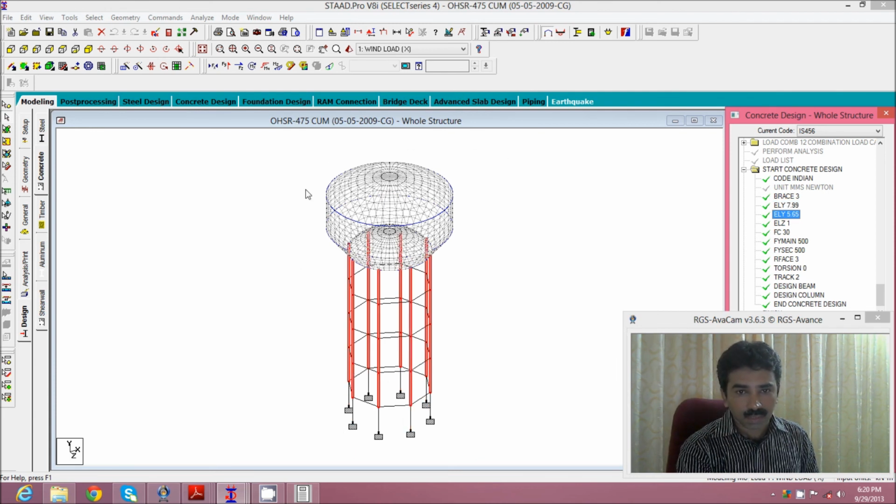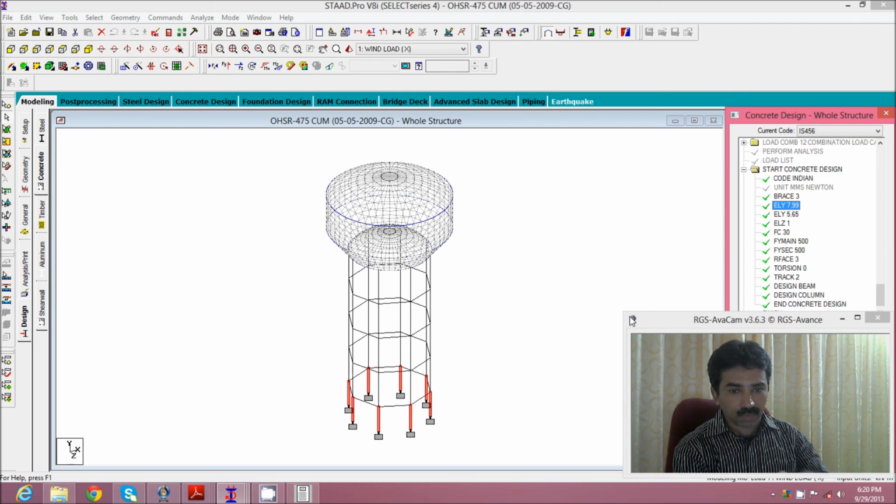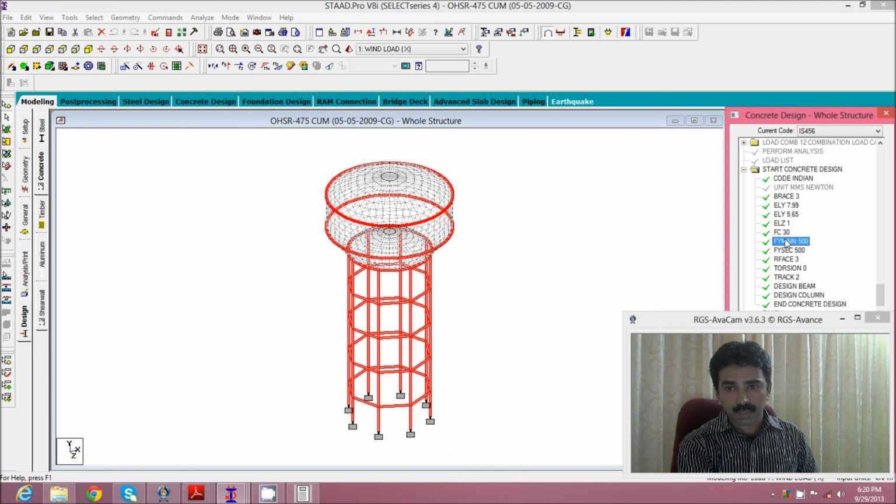We are still in this model, or rather I am dealing with the normal analysis file so far, and we have the 5.65 and 7.99 we discussed here, which considers the additional moment due to the slenderness effect. By giving these particular values, the rest of the things remain the same. These are all standard.